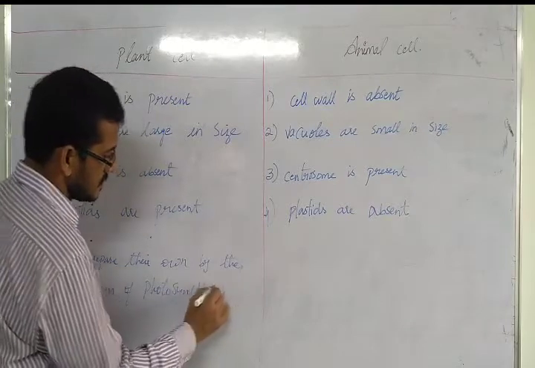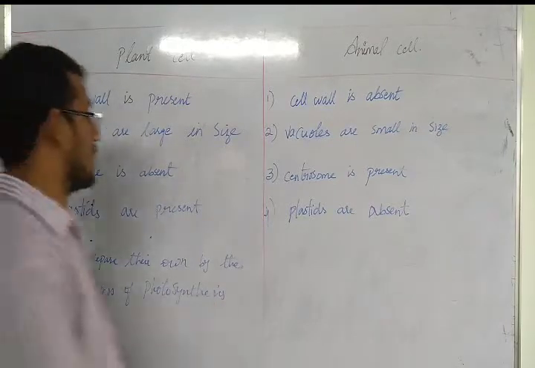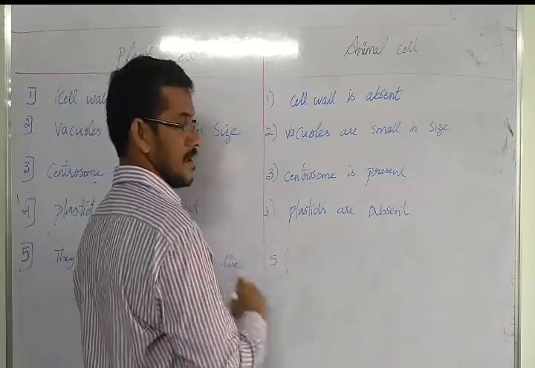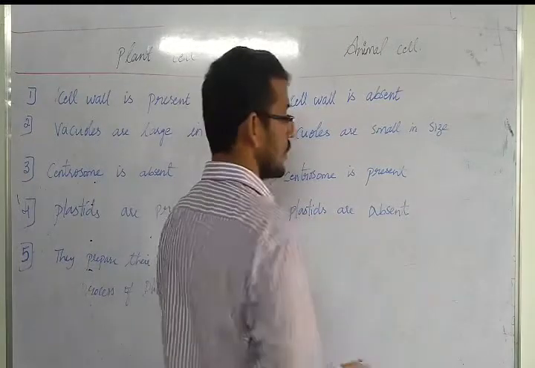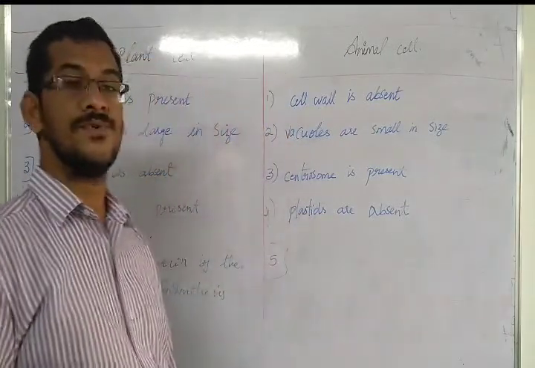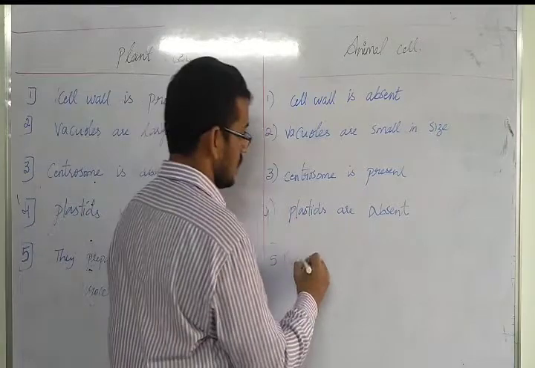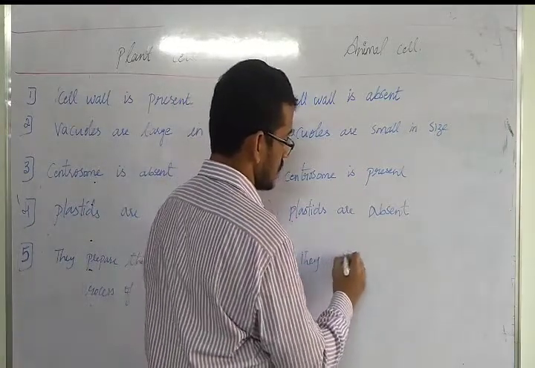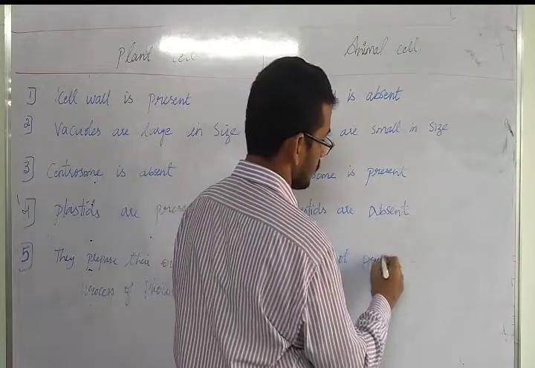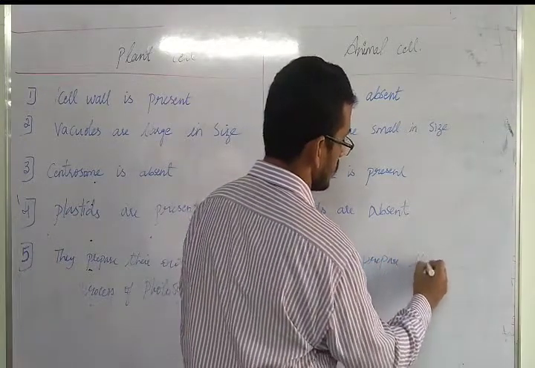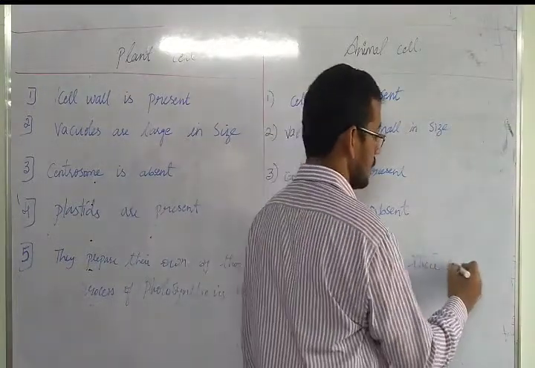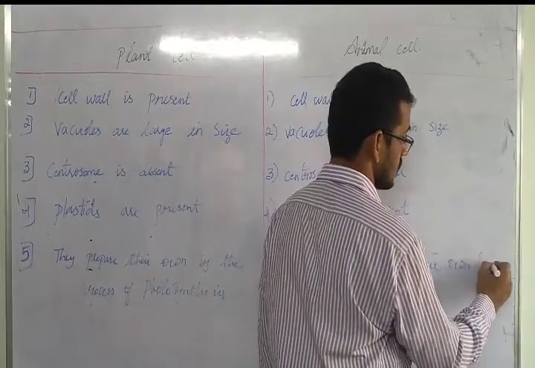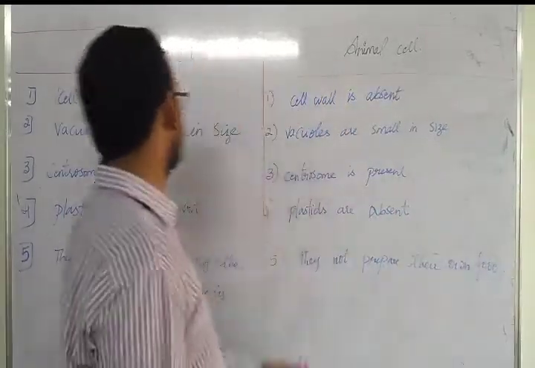Here in animal cells, they will not prepare their own food by the process of photosynthesis. So these cells do not prepare their own food. Understood? So these are the differences.